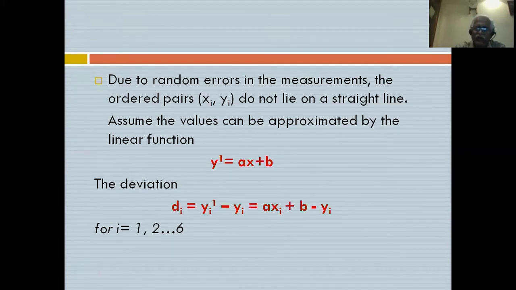So di equals axi plus b minus yi, for i equal to 1 to 6. That is what we have given in our data, the x values and y values. Now we get the deviation di equal to axi plus b minus yi. Very nice, there is no problem in it. You understand it.